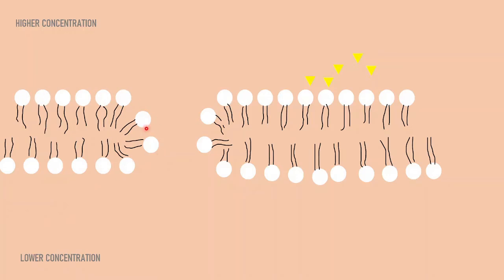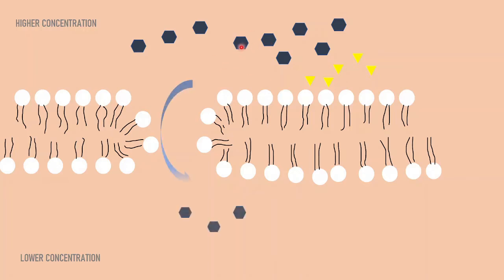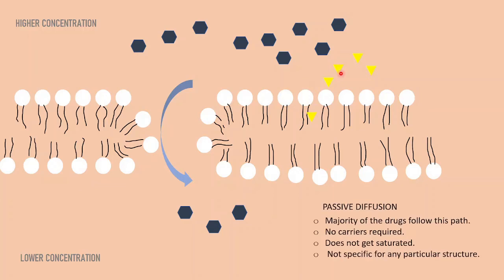So what happens when our drugs are hydrophilic in nature, or they can be lipophilic in nature? In case of a hydrophilic drug, it can simply cross through the pores and come inside the cell. They will diffuse easily. And in case of the lipophilic drug, it will cross the barrier through the membrane itself.